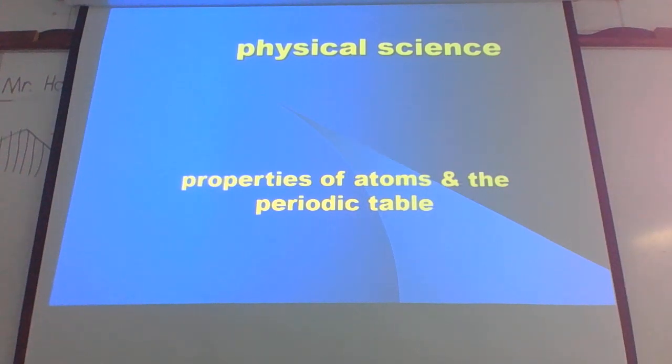All right, so what has been your exposure to the periodic table? Not much at all, nothing at all, or not much. And that goes back to earth science, right? Because that, what's that, your magnetosphere?